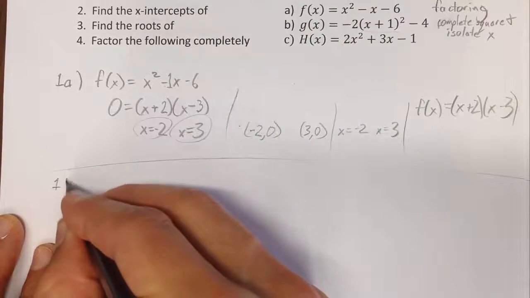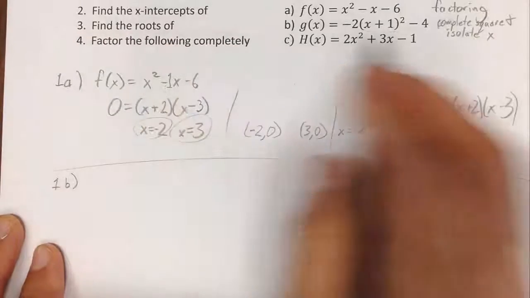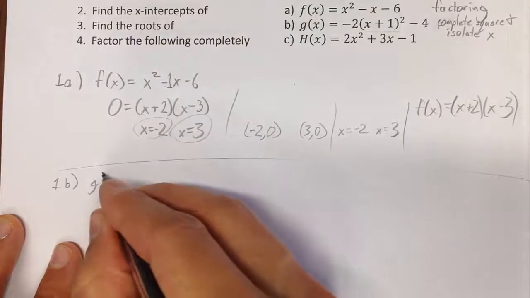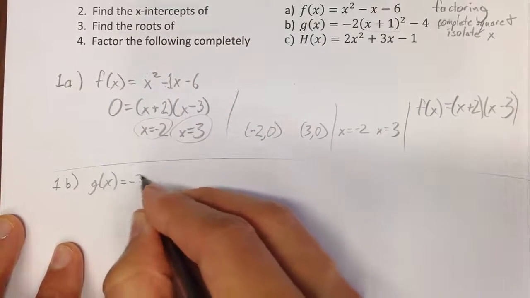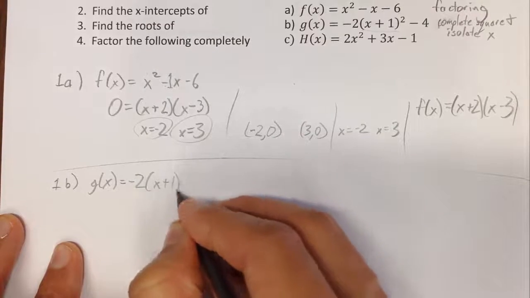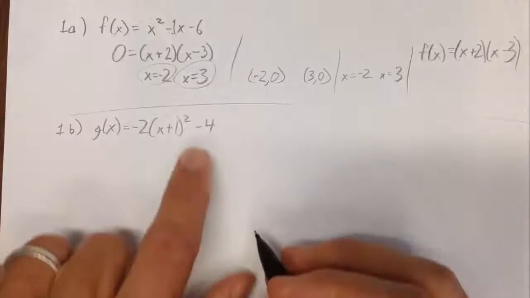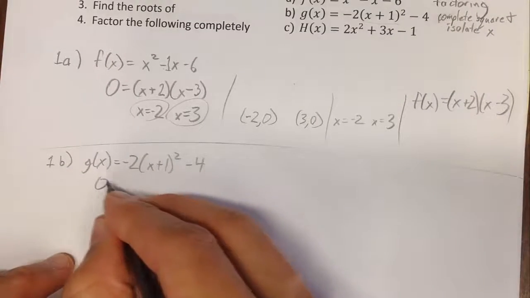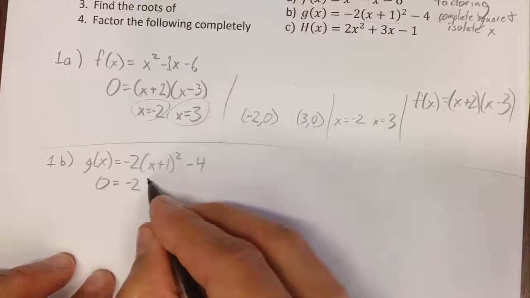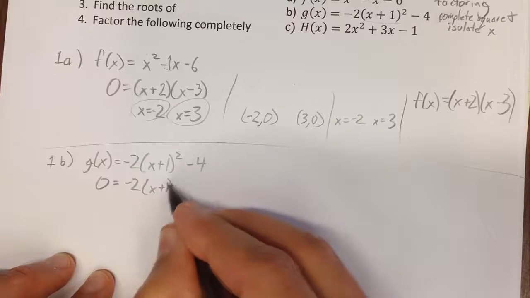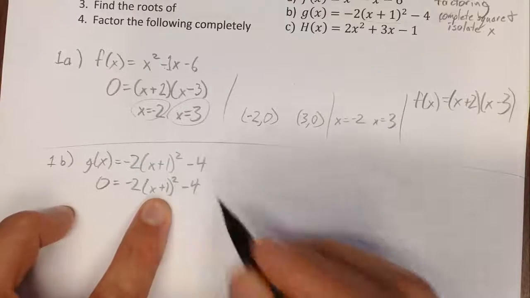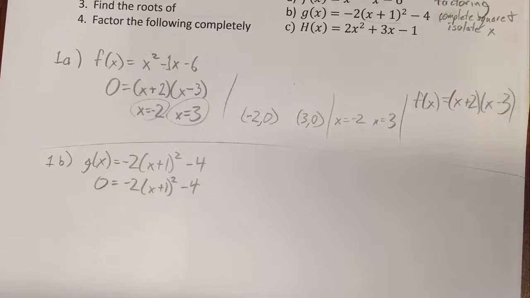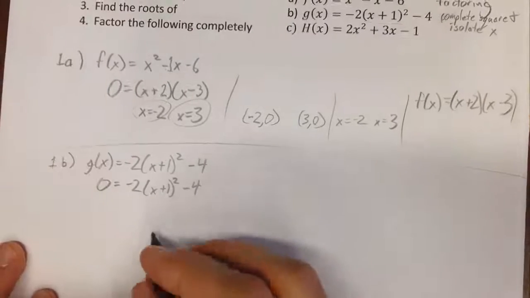But let's say I'm doing 1b, so find the zeros of g of x equals negative 2 times x plus 1 squared minus 4. Since that's already got a perfect square in it, I would set that equal to 0. But instead of trying to factor this side, since x only shows up once over here, I'd try to isolate the x.